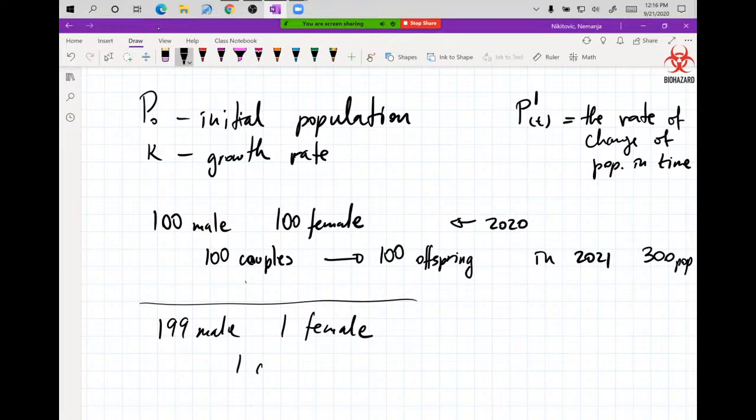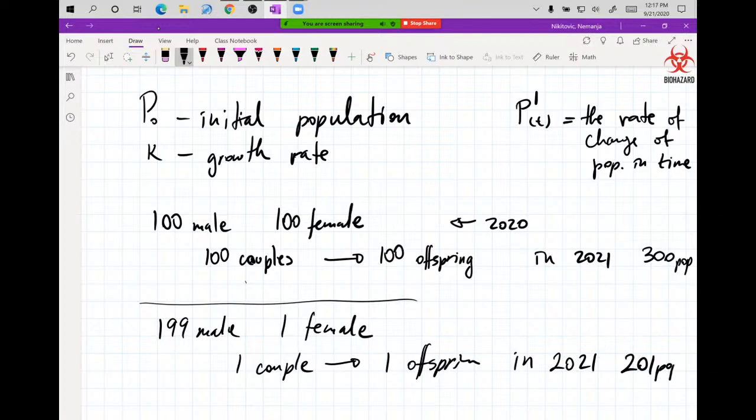So you only have one couple, which produces one offspring. So now, in this case, in 2021, you have 201 population. Original 199 male, 1 female, that's 200, plus 1 baby, or baby rabbit or whatever.